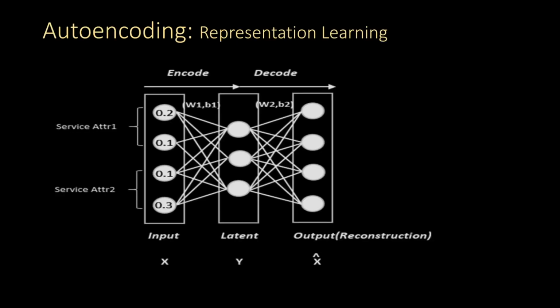Now, let's talk briefly about autoencoding in deep learning and its significance. Autoencoding is a very smart way to bridge the gap between supervised and unsupervised learning. It can result in a concept called representation learning.